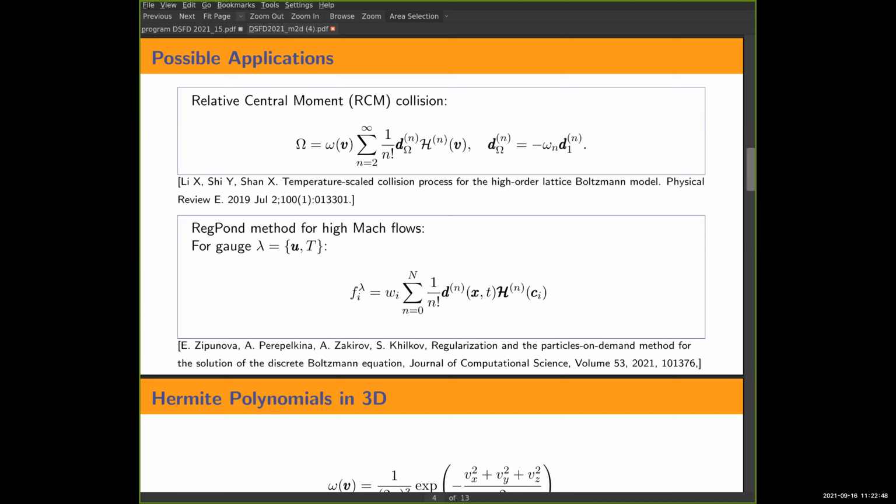The possible application that we found in the literature is a relative central moment collision, which stabilizes the collisions in the central Hermite moment spaces.